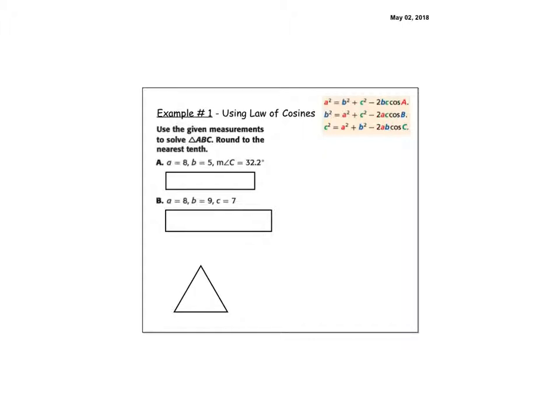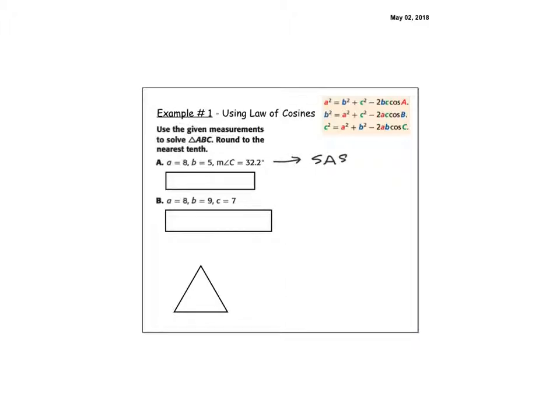Now, if you look, we still have the same little a, little b, little c, and the big A, big B, big C. So the first question is, use the given measurements to solve the triangle ABC, round to the nearest tenth. Okay, so if you see here, we're given what looks like an included angle. This looks like a side-angle-side.